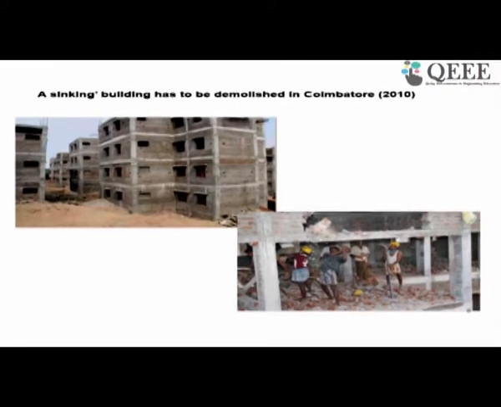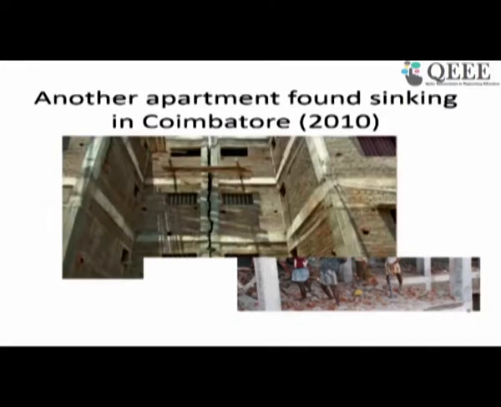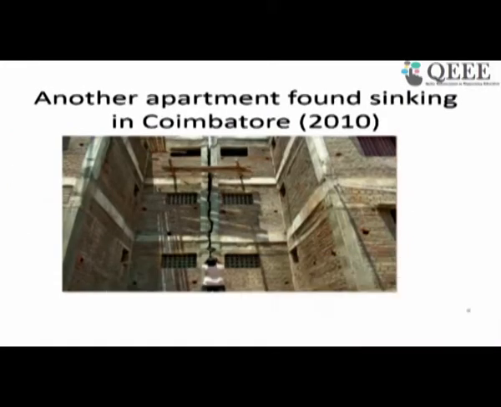The reason behind this sinking is again inadequate investigation, where the bearing soil is unable to take the load of the structure. In Coimbatore itself, another building started sinking in 2010 during the construction itself. There also it was found that the soil was not adequate to take the load of the superstructure.